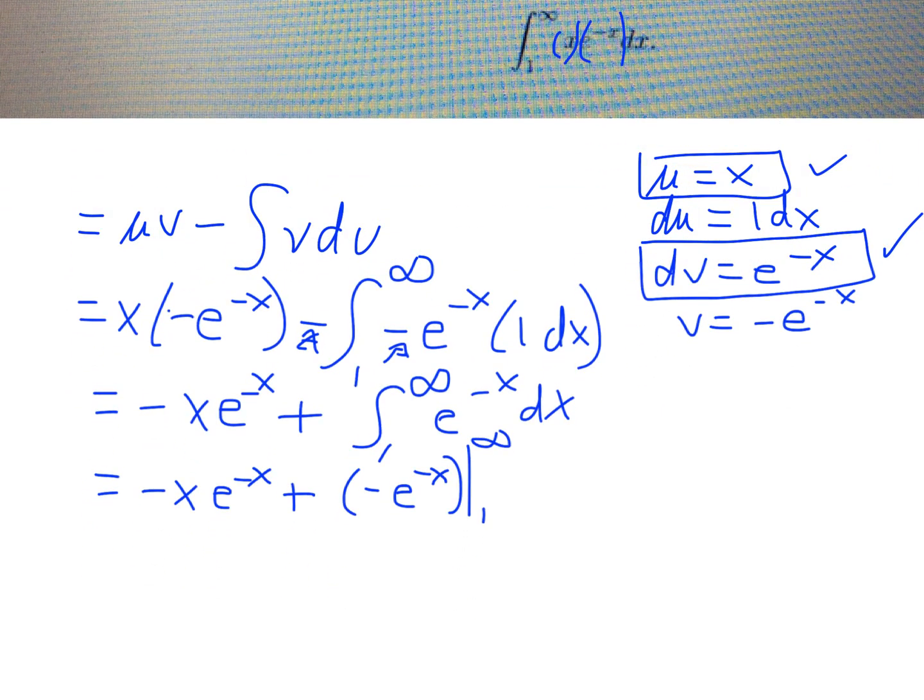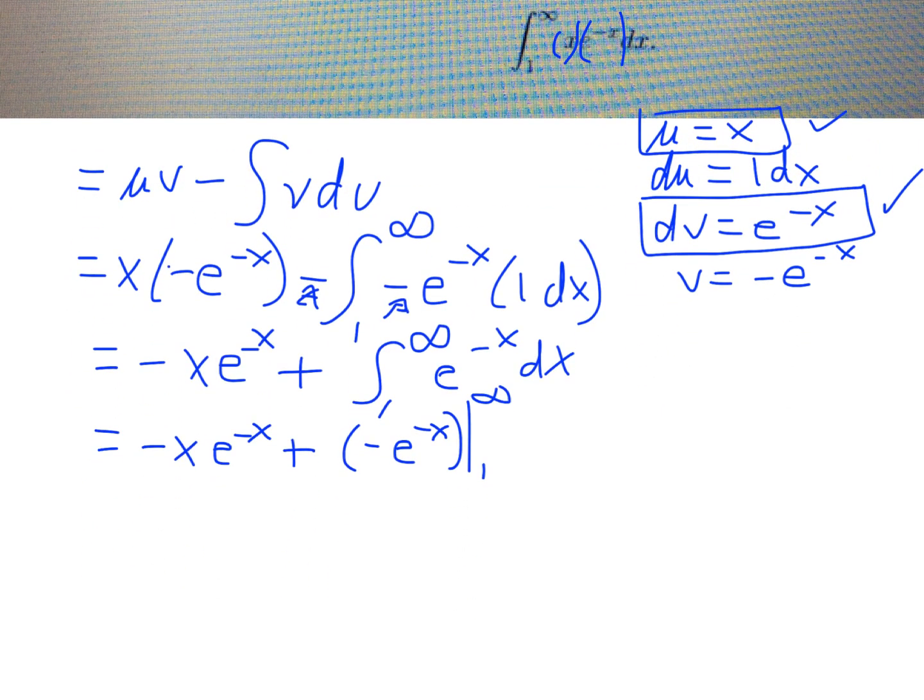Let's put brackets around this whole thing and evaluate our integral over 1 to infinity.